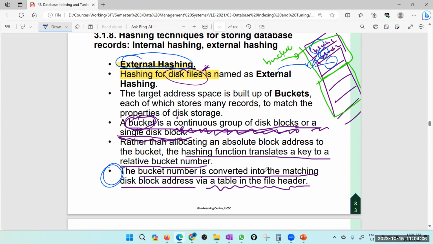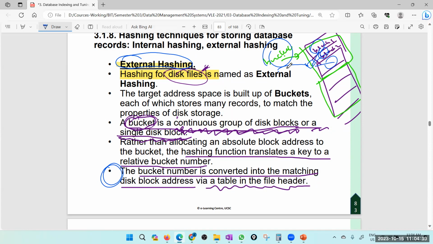The bucket number is converted into the matching block address via a table in the file header. So at bucket level, there's another technique to convert that bucket number into the block level. Maybe each bucket is a separate subfile and so on. So that possibility is also there.